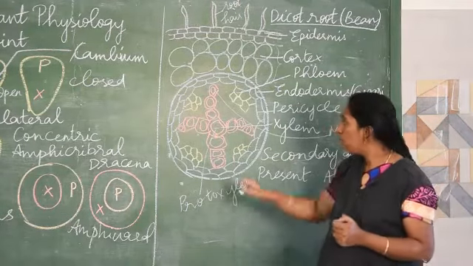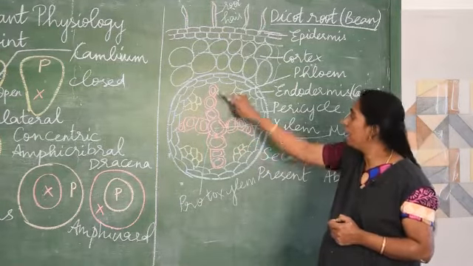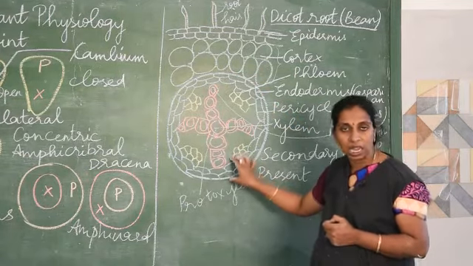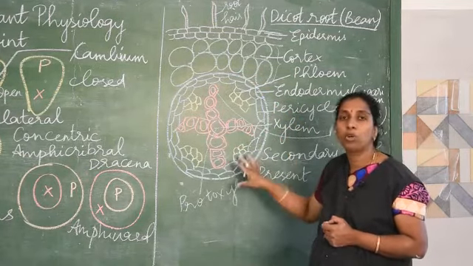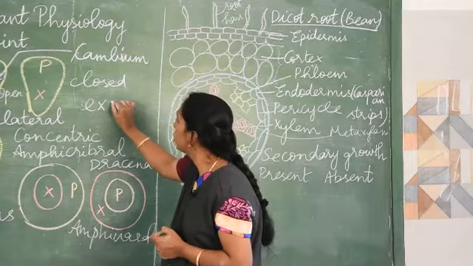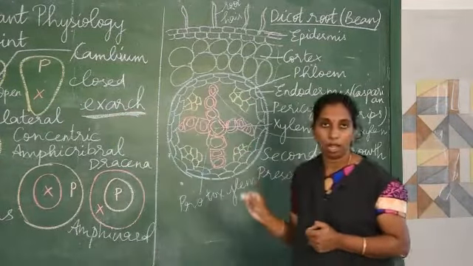In dicot root, this is one more difference you have to learn. Usually in roots, the protoxylem is located in the center and the metaxylem is located towards the periphery. This condition, which is found in roots, is called exarch. E-X-A-R-C-H.